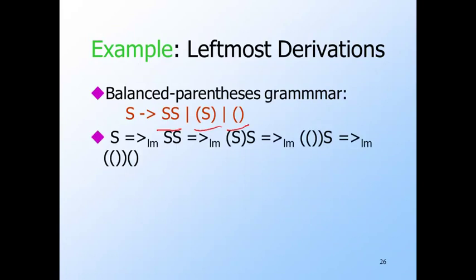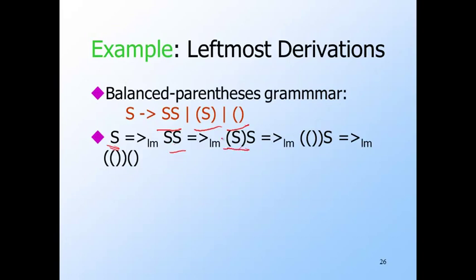Here's an example of a leftmost derivation. We start with just S, so that is the leftmost variable. We replace it by two S's at the first step. Next, the first of these S's must be replaced in a leftmost derivation. We choose the second production for the replacement.